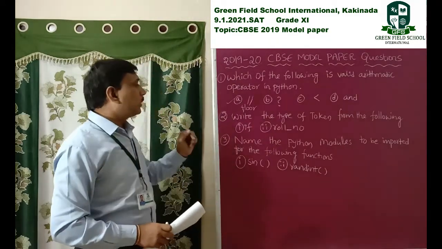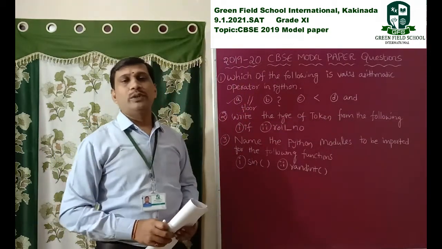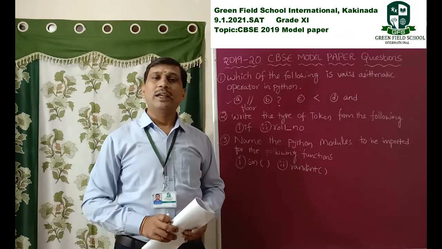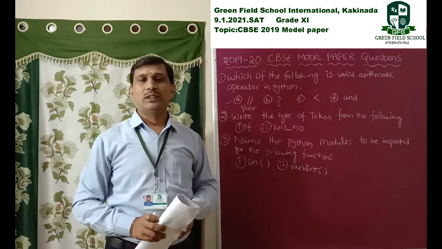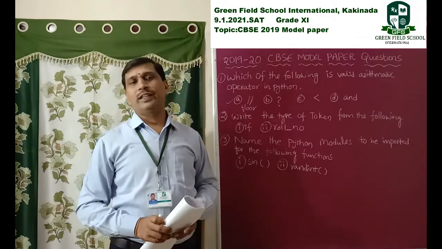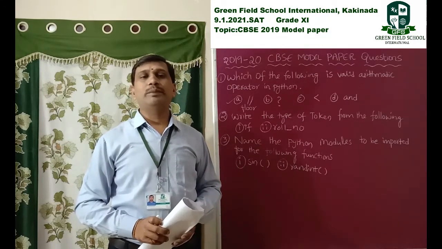See, coming to the question: write the type of token from the following. You know very well what is meant by a token. A token is the smallest, least separable element in a programming language. This is a very important question. What is meant by token?